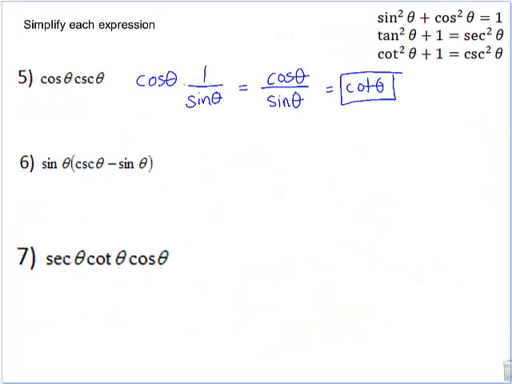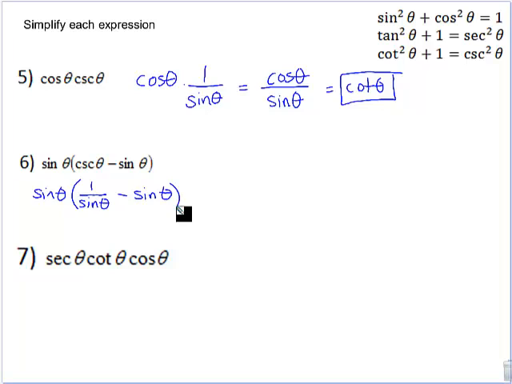So sine of theta, and then in parentheses, cosecant of theta minus the sine of theta. First off, we have a cosecant in there. Cosecant of theta, which one is that the reciprocal of? Sine. So what should we replace cosecant with? 1 over sine. So sine of theta, and then in parentheses, 1 over sine of theta, and then minus the sine of theta.